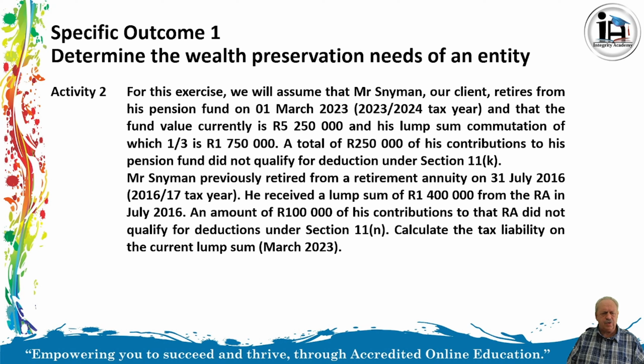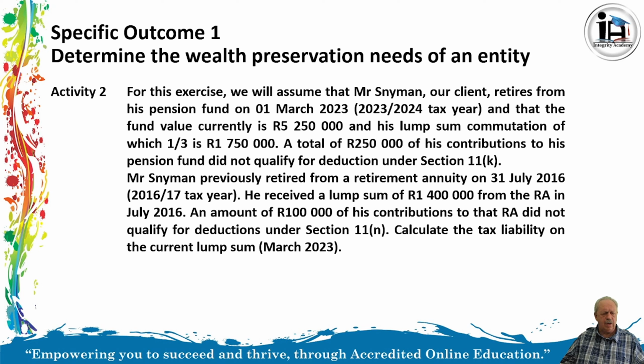You'll see the first one was K for pensions, and this one is N for the retirement annuity funds. Now we ask you to calculate the tax liability on the current lump sum, the current lump sum being that 1.750 million, plus we need to take into consideration the 250 plus 100, which is a total of 350,000 that he did not qualify for as a deduction.